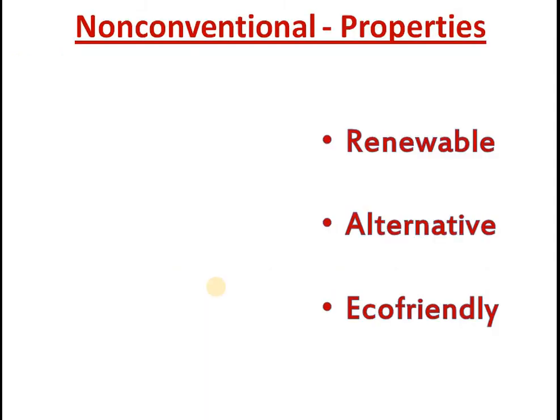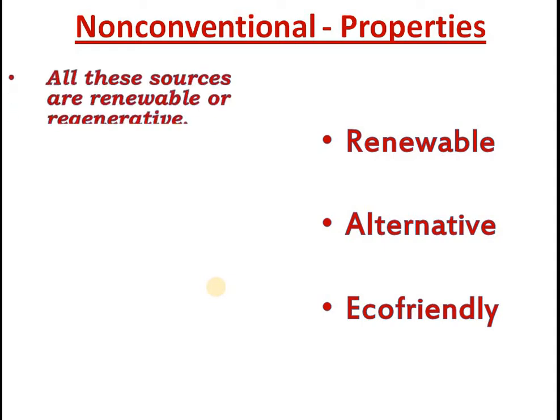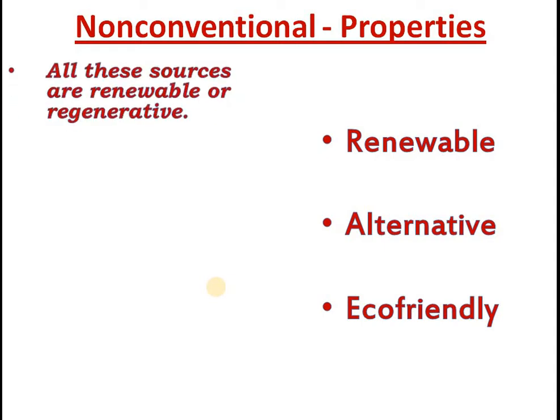So now let us see some specific properties of non-conventional energy sources. First, all these sources are renewable or regenerative. Regenerative means something which will be produced repeatedly. They are not going to be finished once.